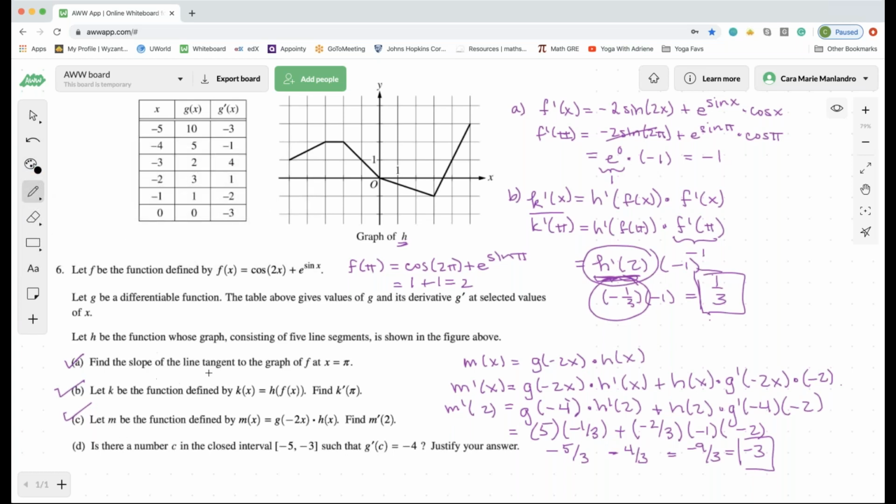Okay, so is there a number C in the closed interval between -5 and -3 such that G prime of C is equal to -4? Okay, does everybody agree that since I have derivatives here, G is differentiable?